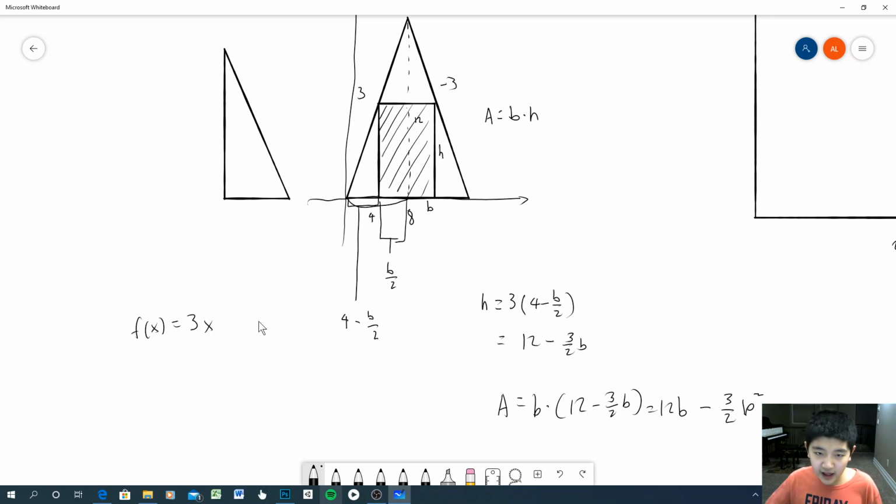And that is our area. And just like we learned last time, we want to maximize this expression. So what value of b will give us the highest area?